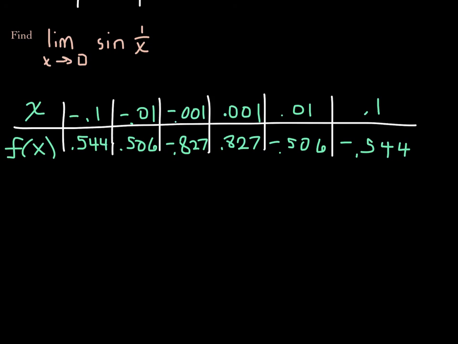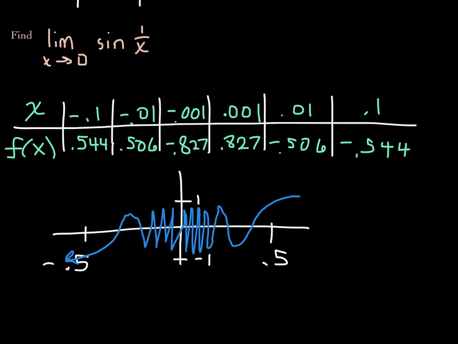What you might want to do is use a graphing calculator. You can always go to desmos.com and punch this function, sine of 1 over x, into the graphing calculator there to get a graph going. And you're going to find the following graph. Forgive my sloppy graph, but this is what you should be getting if you use a graphing calculator.